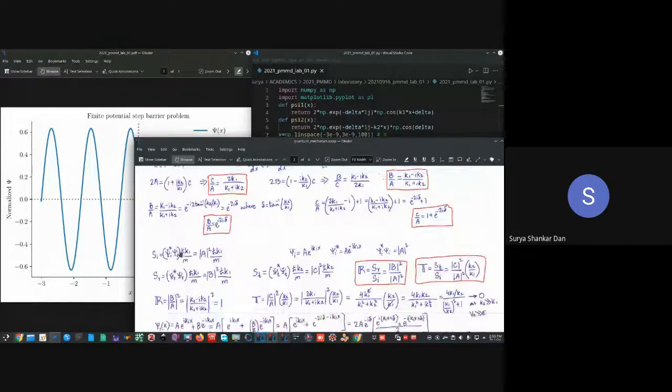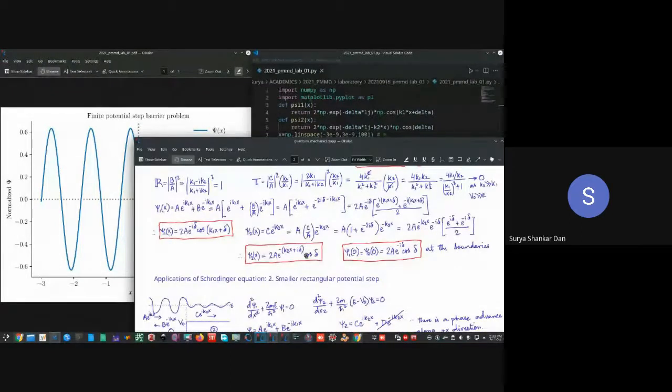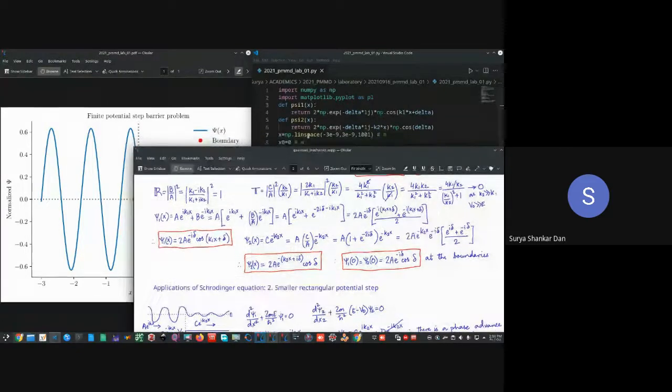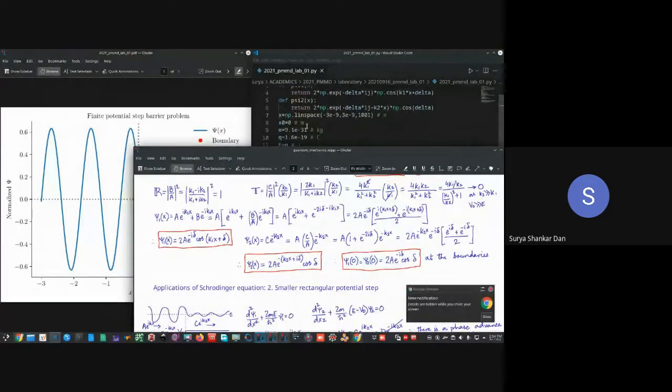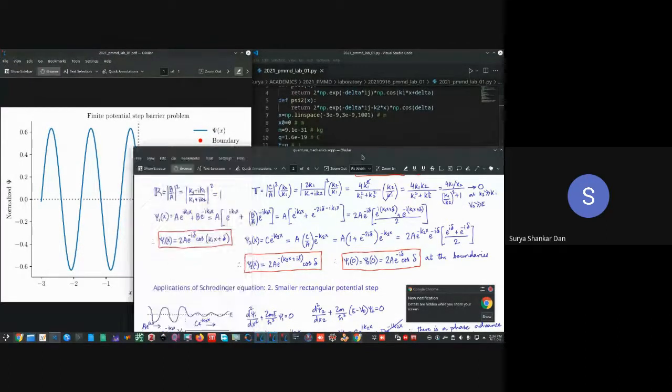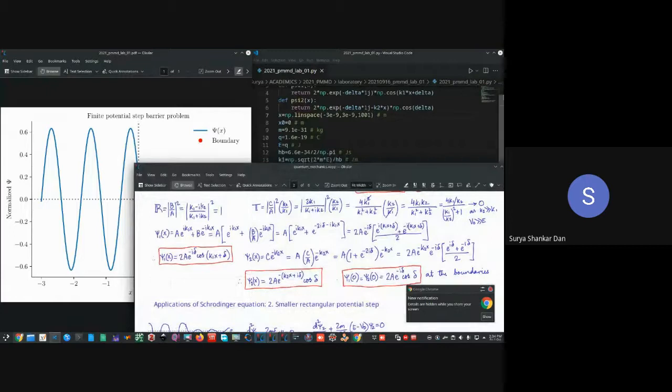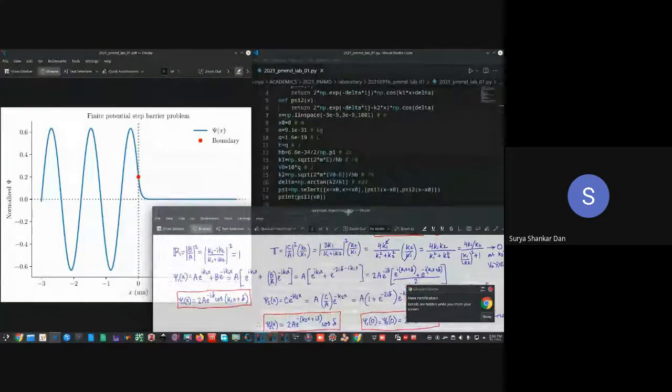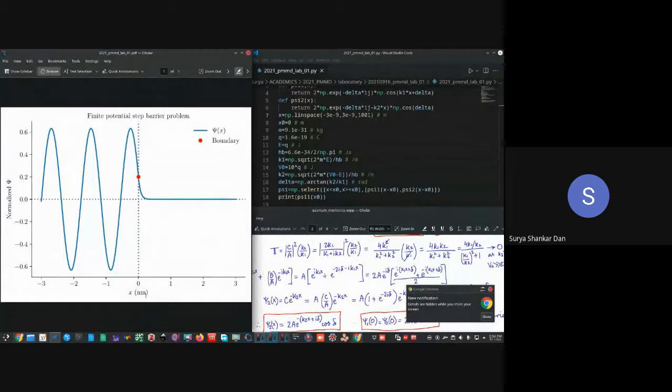So if we normalize, then this capital A will cancel. All right. So this x part, let me show it like this. x is basically the distance in nanometers.